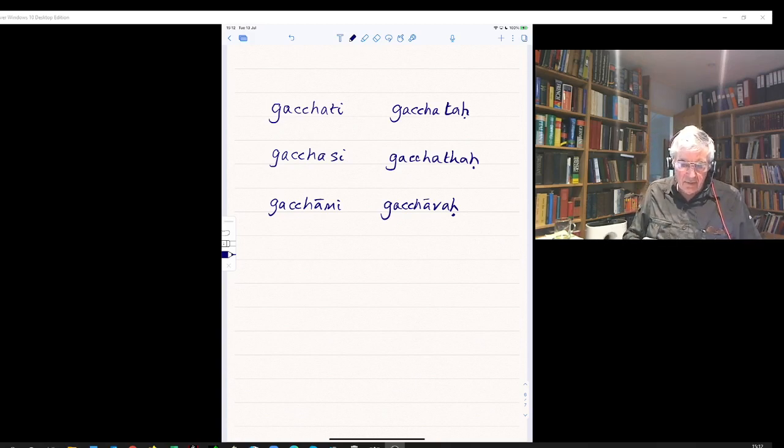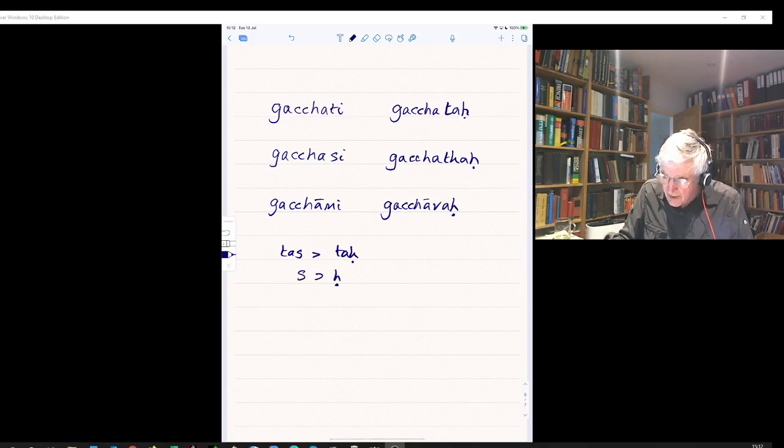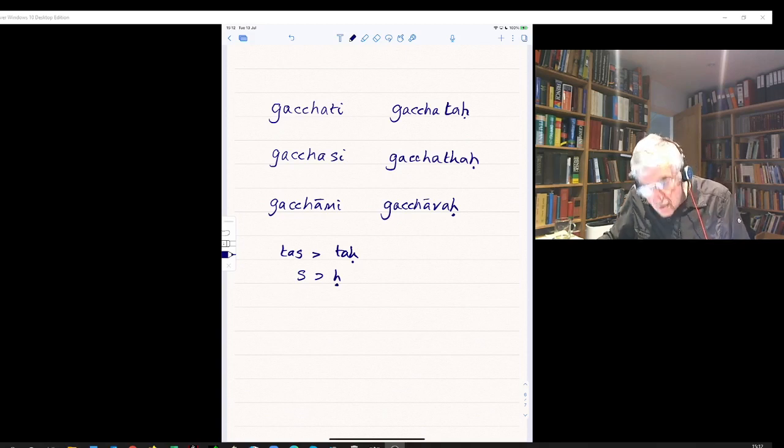Now it says here that the ending tas becomes taha when it forms a verb. In fact, okay, yes, it does, but that statement is far too narrow. A final s always becomes a visarga when it stands at the end of a word group, say at the end of a verse of poetry, for example, or the end of a sentence in prose.